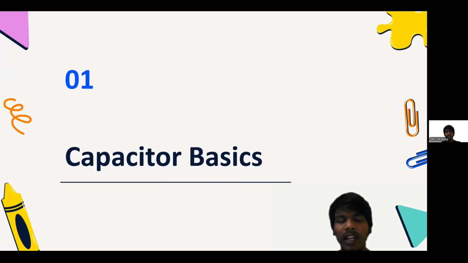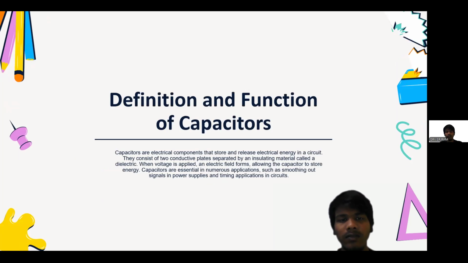Number one, the capacitor basics. Definition and function of capacitors. Capacitors are electrical components that store and release electrical energy in a circuit. They consist of two conductive plates separated by an insulating material called a dielectric.